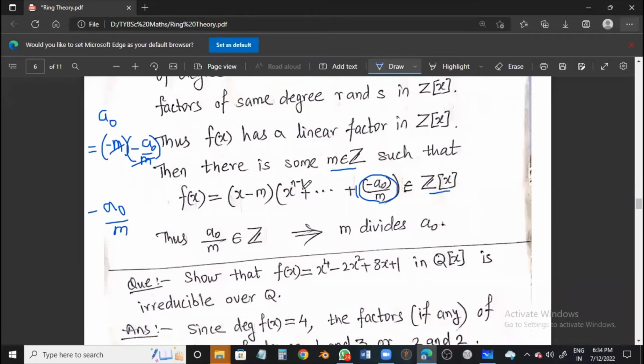Come on. Suppose the value of a naught is minus 14, and upon it there is m. What will be the value of m so that this will be an integer? Minus 14 by m will be an integer. For what value of m? For 1, sure. Yes, I do agree. Anything else?